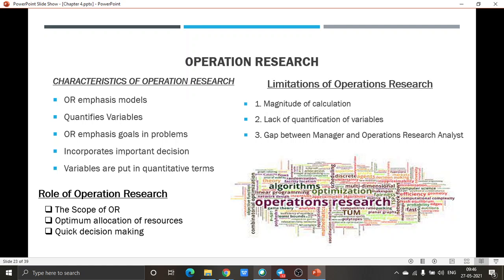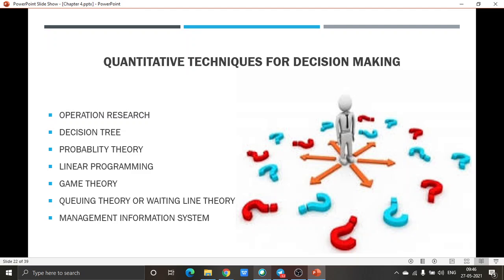Now operation research is one of the quantitative techniques, and under operation research we have decision tree.